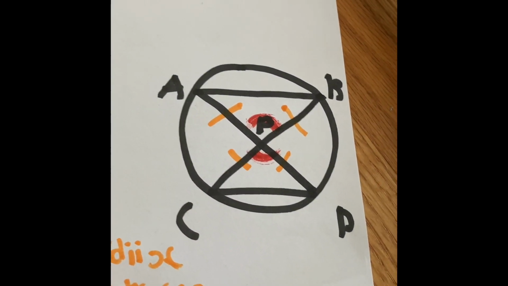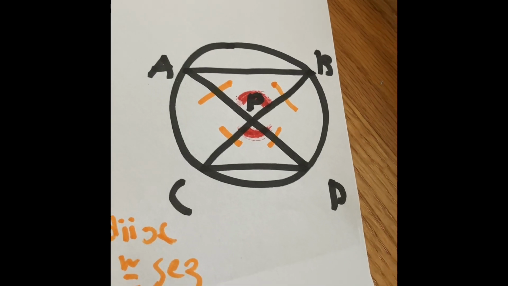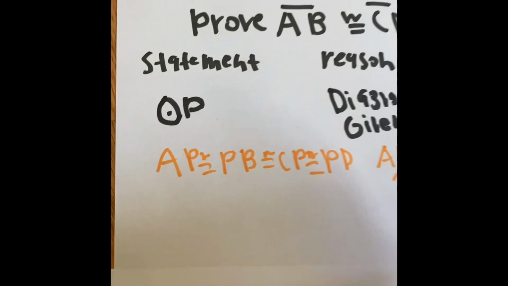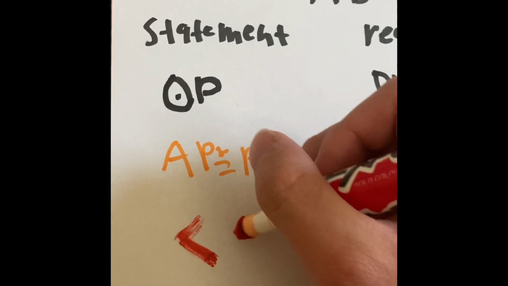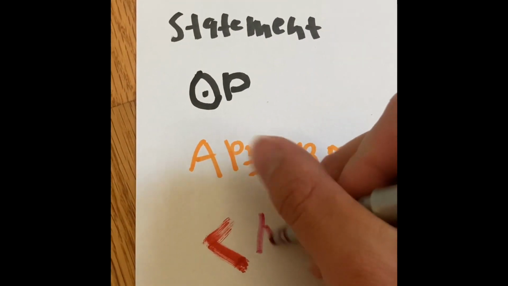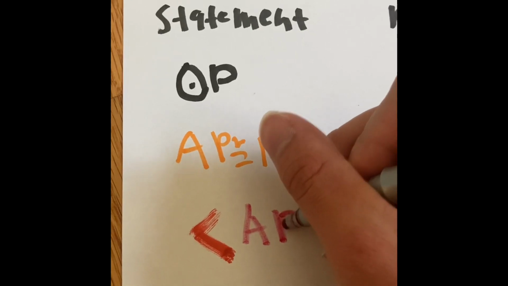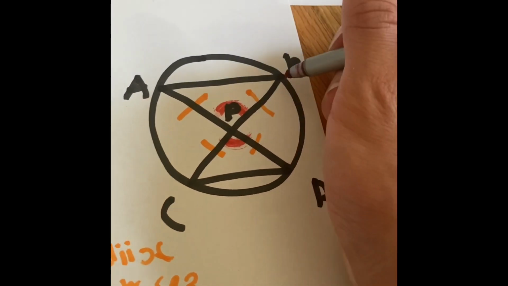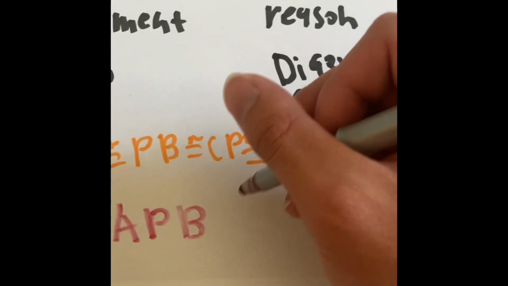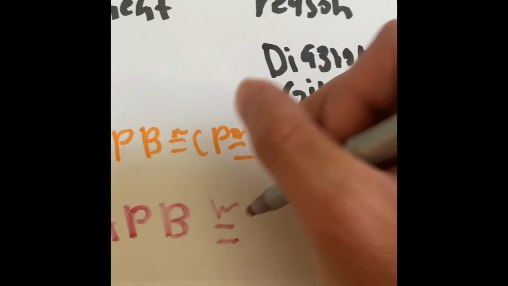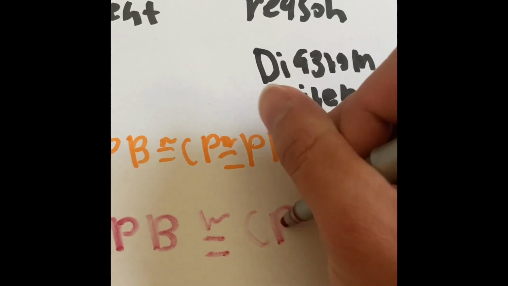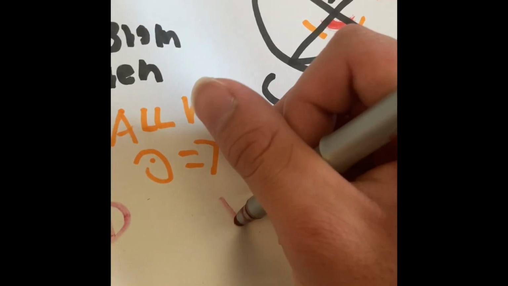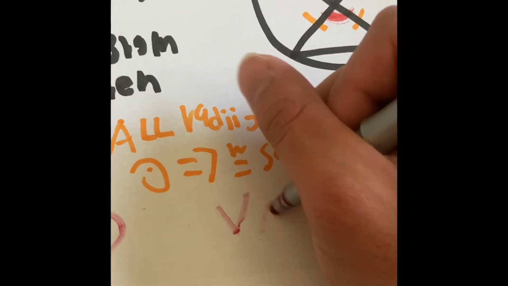Those are vertical angles. So what we can say about the vertical angles is that angle APB is congruent to angle CPD.